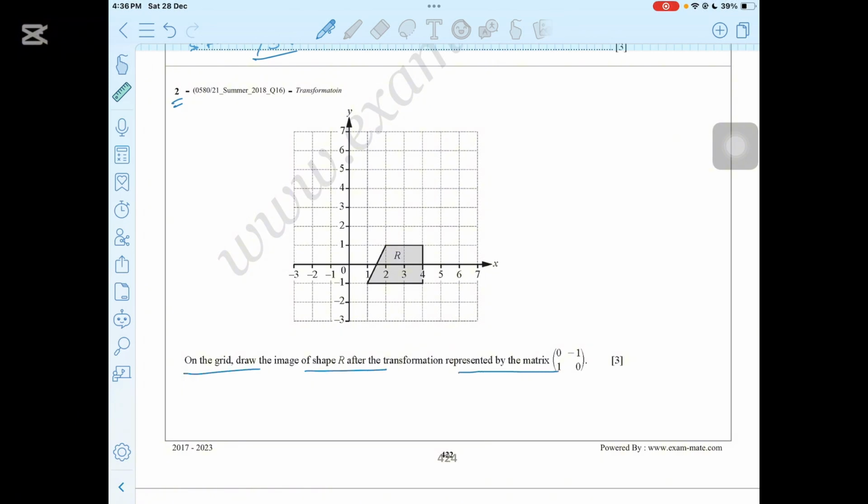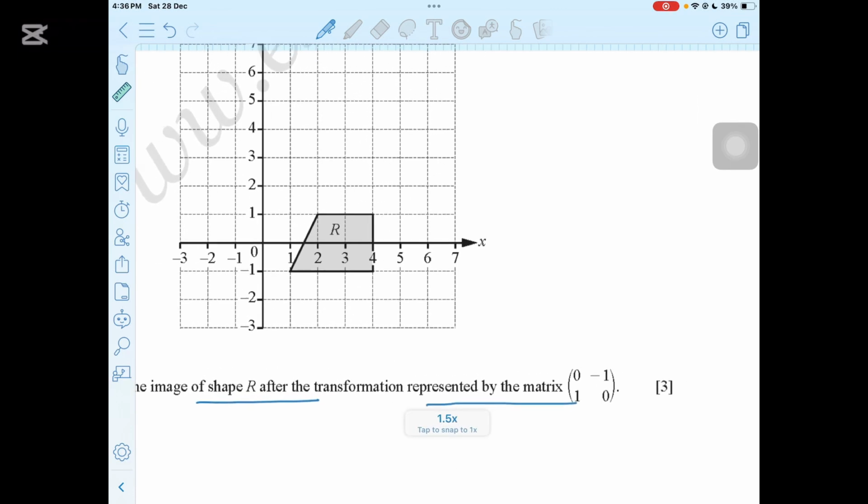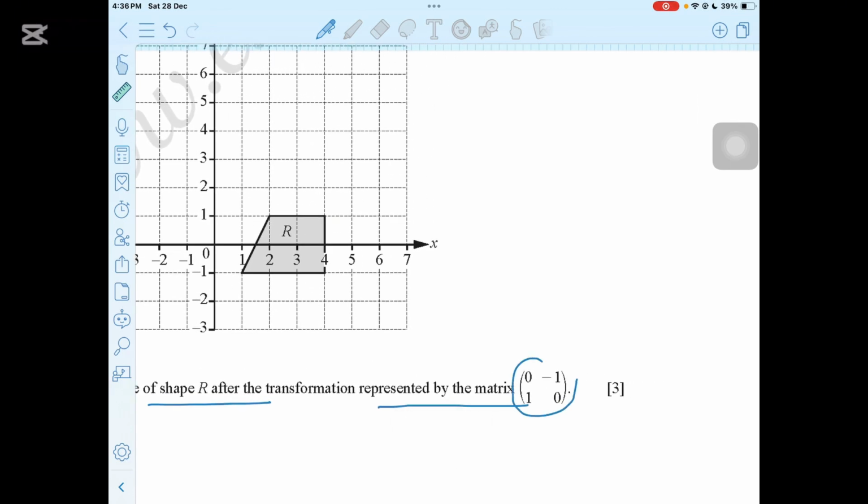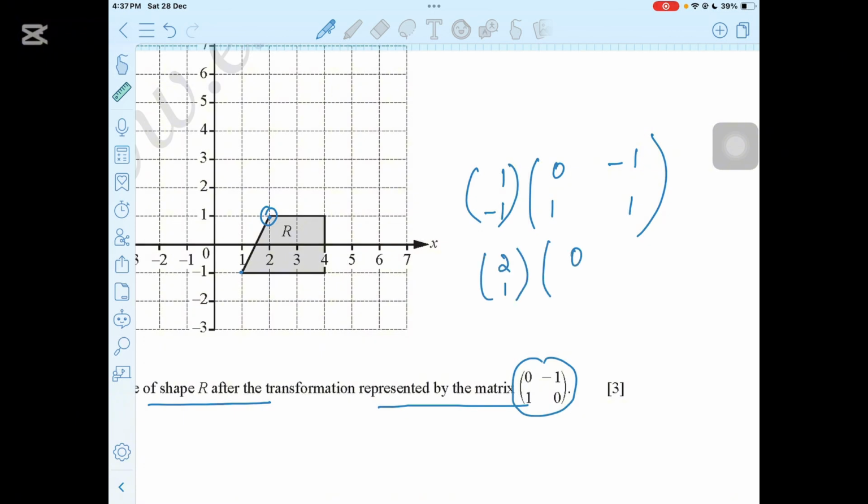Moving on to question 2, we have, on the grid draw the image of the shape R after the transformation represented by the matrix. So we have to multiply this matrix by these coordinates. So we have 1 and -1. We're multiplying this by the matrix, then we'll be multiplying this 2,1 by the matrix.